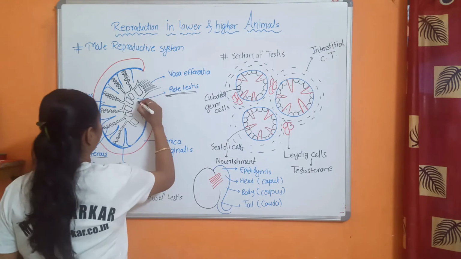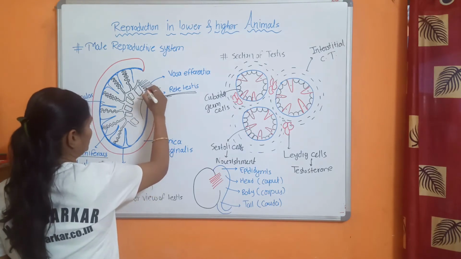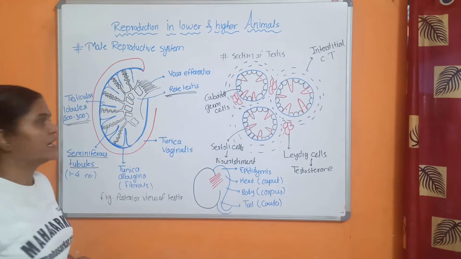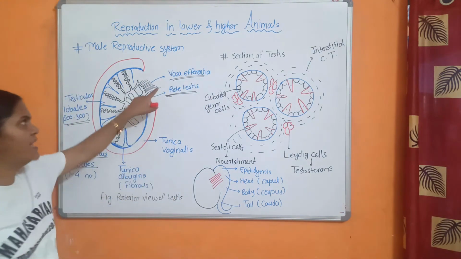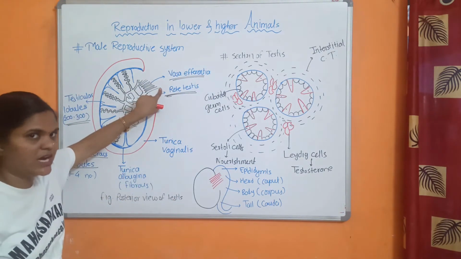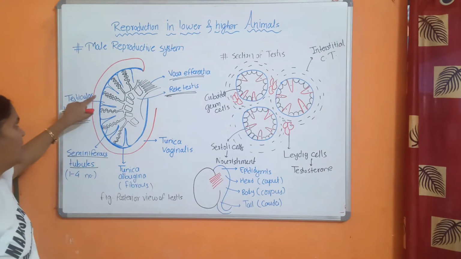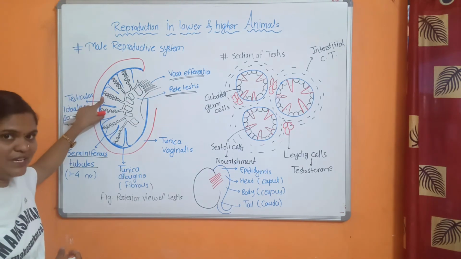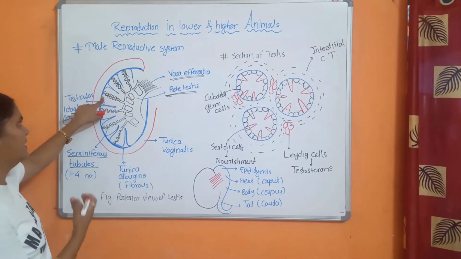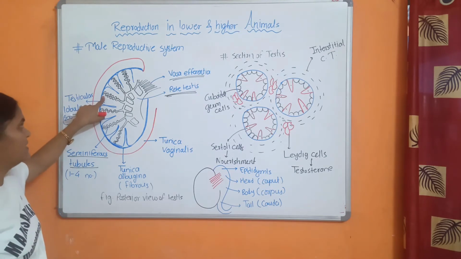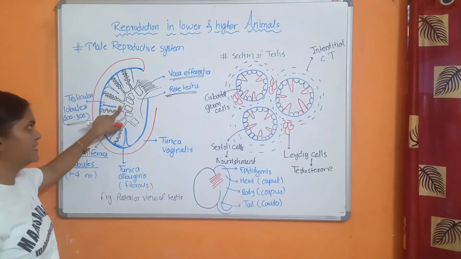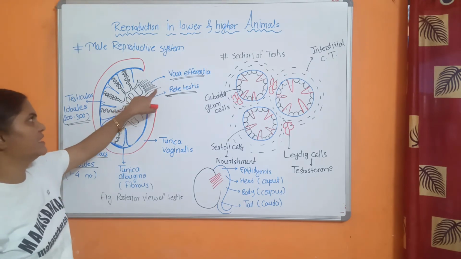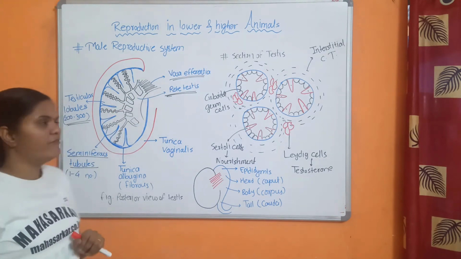This network of tubules then joins with 10 to 12 tube-like structures called the vasa efferentia. Sperms are produced in the seminiferous tubules, transferred towards the rete testis, and from the rete testis towards the vasa efferentia.